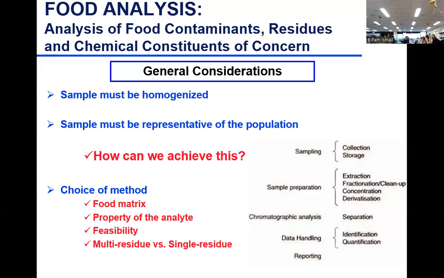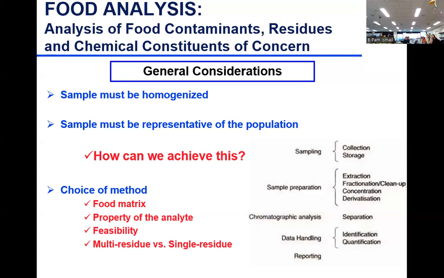Is the method feasible, accessible to us? Are we looking at multiple pesticides, for example, or a particular pesticide of interest? So the method differs, the extraction differs. When you want to look at one, you do more purification. So the steps are lengthy to look at a single residue. So these are the summary of the steps.